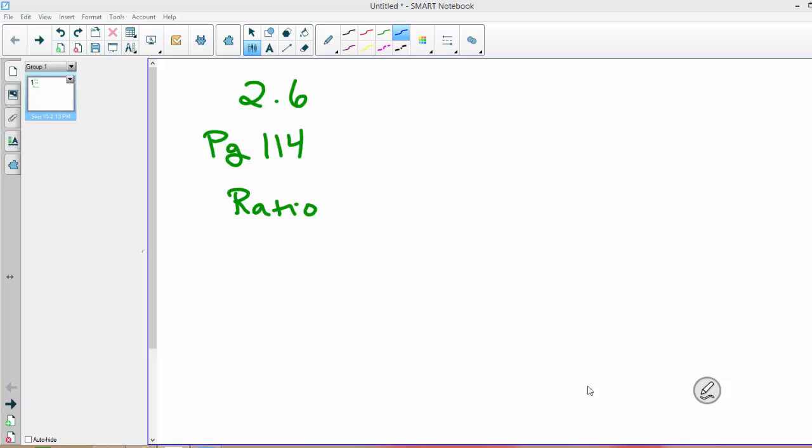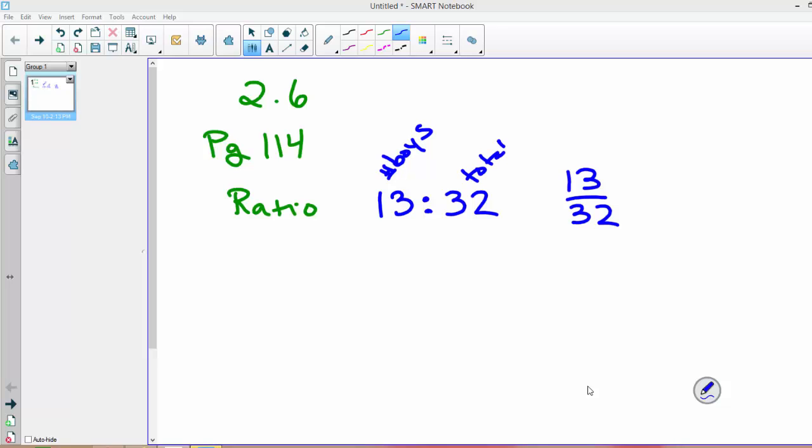So the first word is ratio, and a ratio is either written as something like this or as a fraction. And I'm going to say that these two ratios are equivalent, but this is going to be the number of boys in the class, and this is going to be the total number of students in the class.